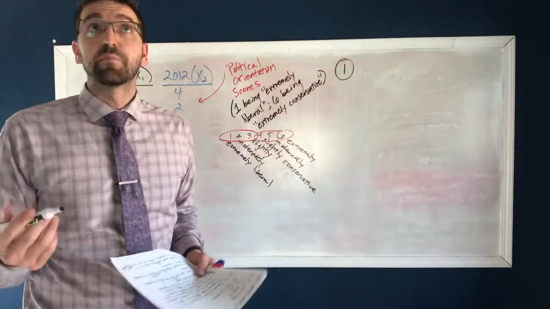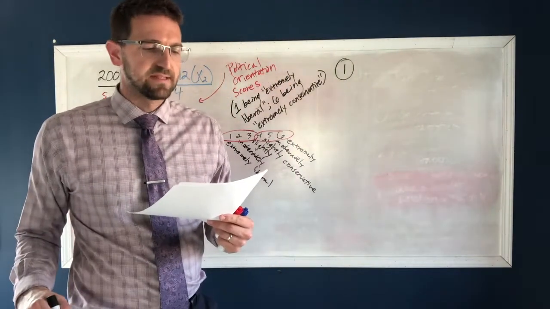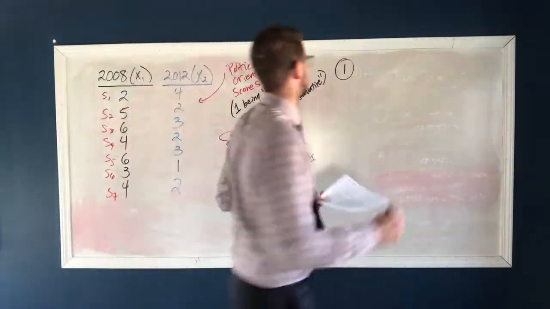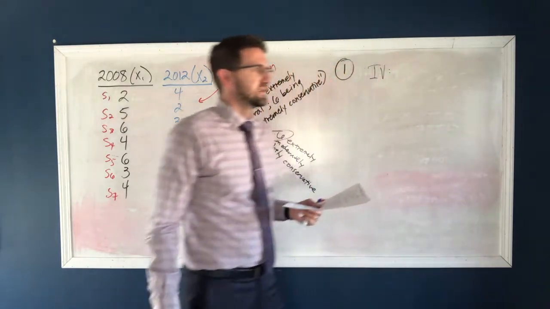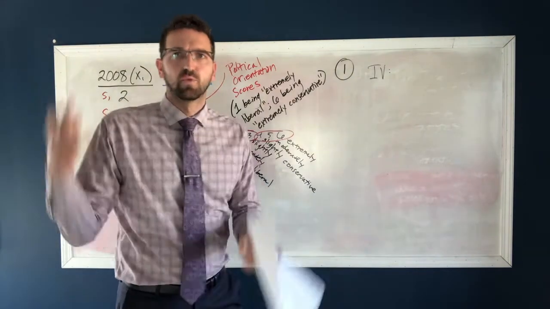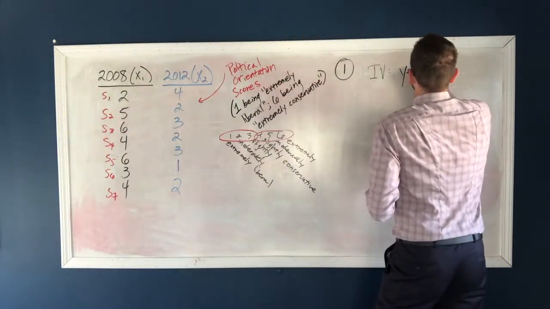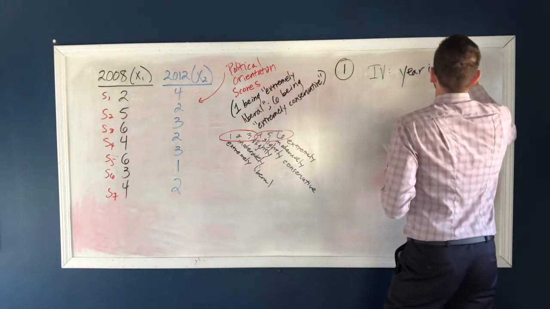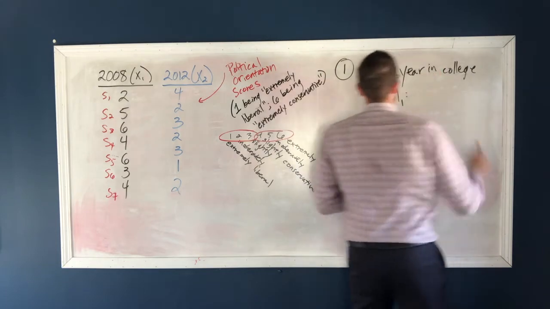There's an independent variable, or IV, and then there's a dependent variable. The independent variable is what is changing or what is varying. In this case, it's going to be year in college.